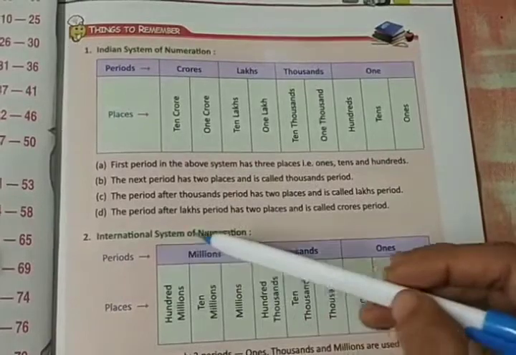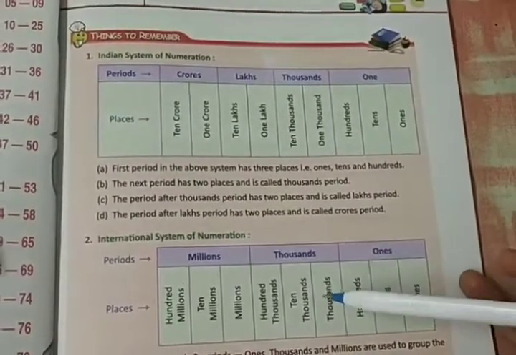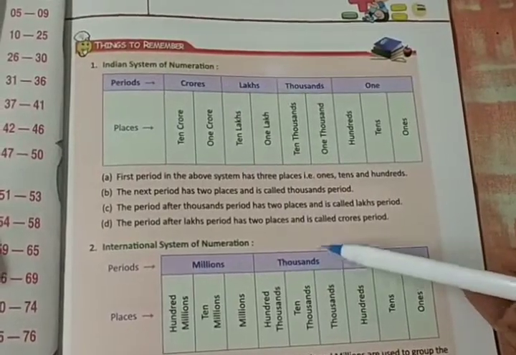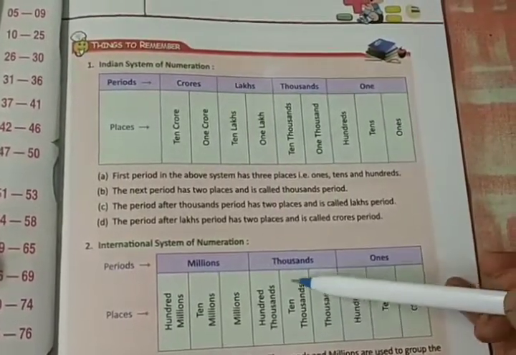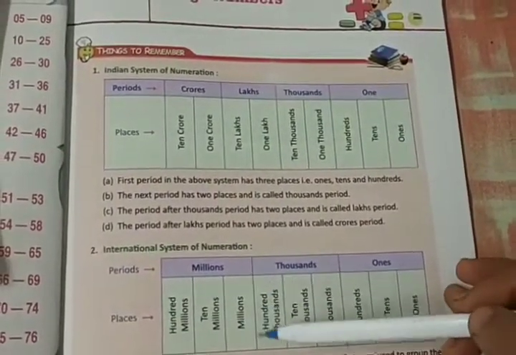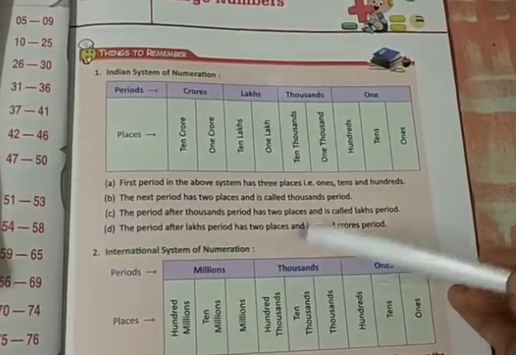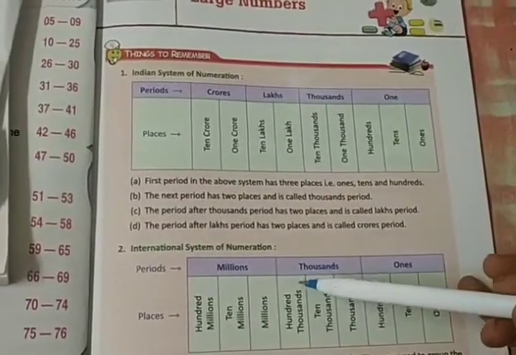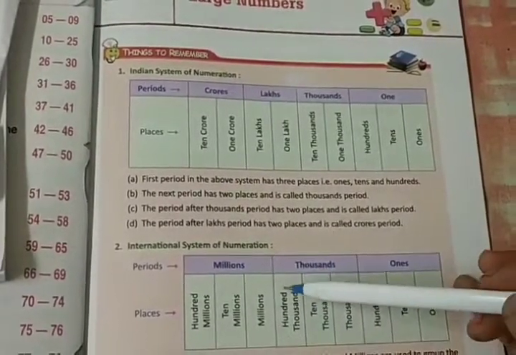But in the international system of numeration, you have three places under thousands: thousands, 10,000s and 100,000s. So it doesn't have 1 lakh here. Instead of 1 lakh, they write 100,000s.